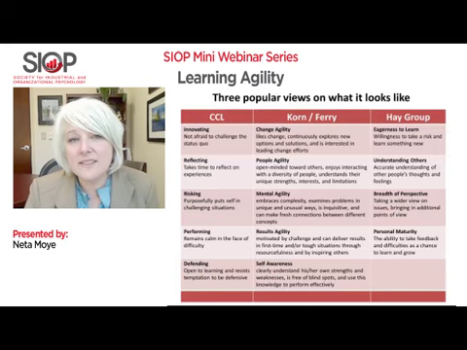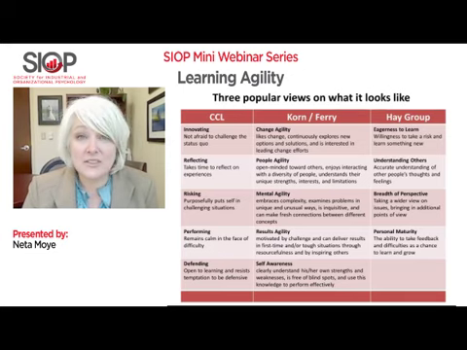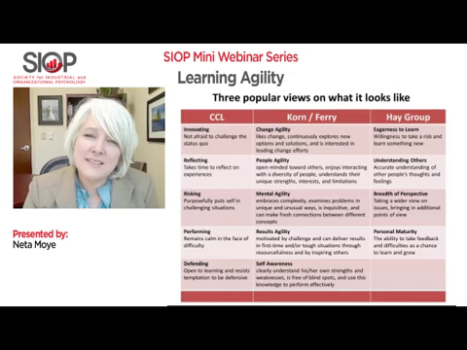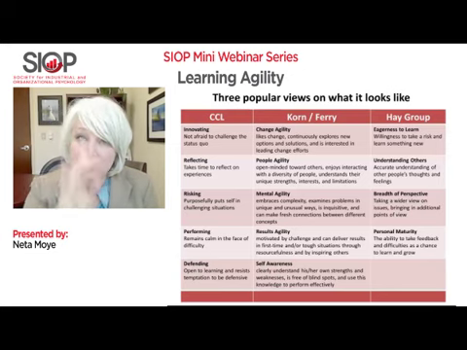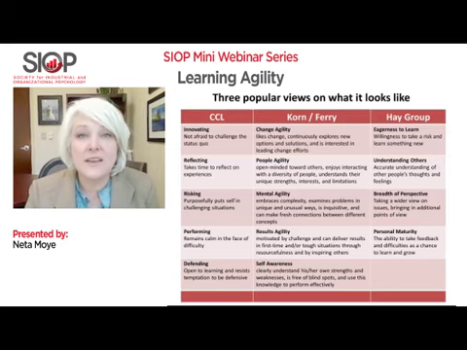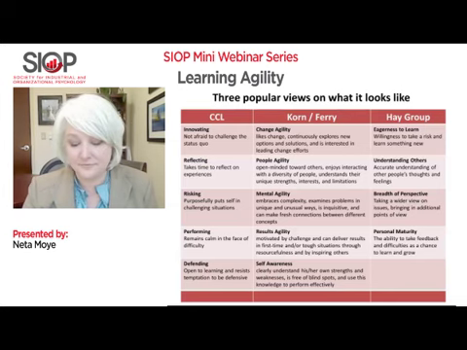The other thing to notice is that this is a bit of a mix. Sometimes they're behaviors, sometimes attitudes, dispositions, skills. All of them are mixed in to some extent in each of these models and across these models. But these are the big 3, the popular practical views in practice, and I'll show you in a second the tools that they use to help you put this into play.